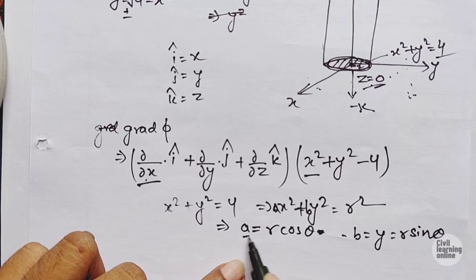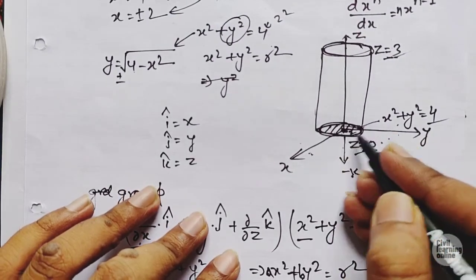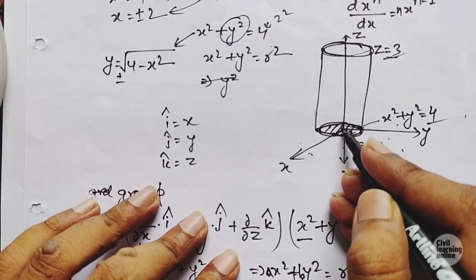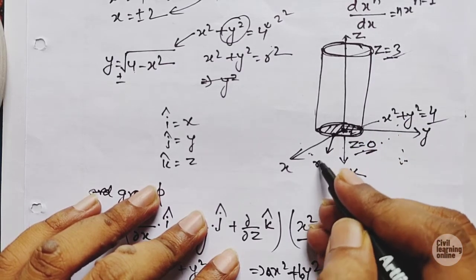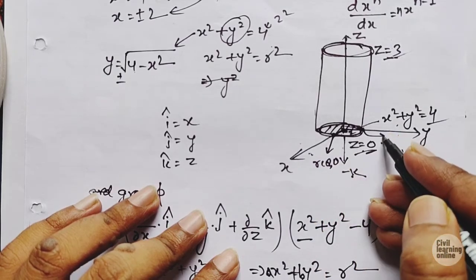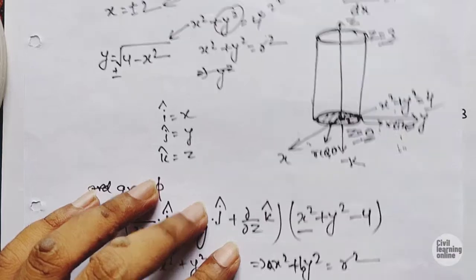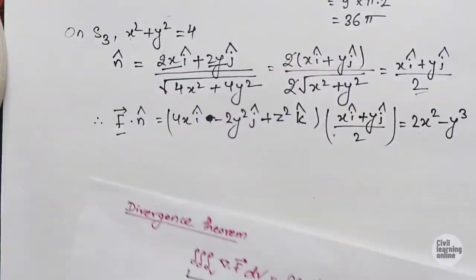On the x-axis, from the origin to this line the value is r cos theta. Similarly, this value is r sin theta. So here we have a and b, that is r cos theta and r sin theta.